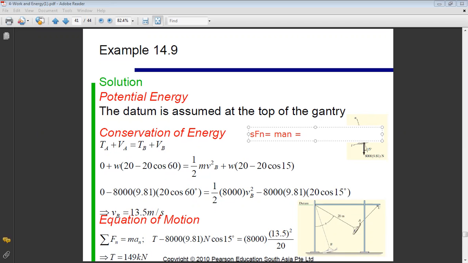So since we are interested in the tension at B, we will apply sum of normal forces at B. So we get mass times VB square over the radius. And the radius of rotation here is the length of the cord, equal to 20 meters. So over 20. Now all we have to do is to project forces on UN.